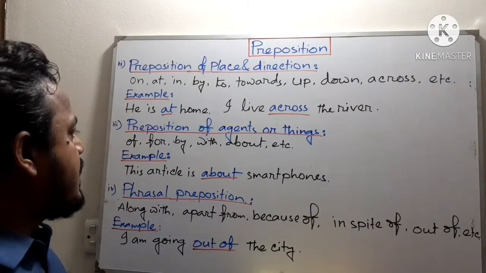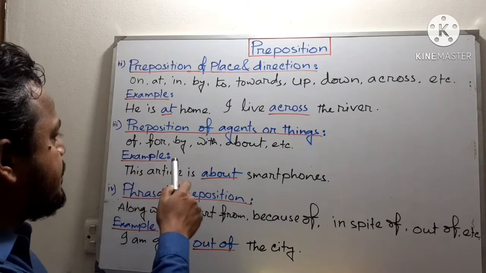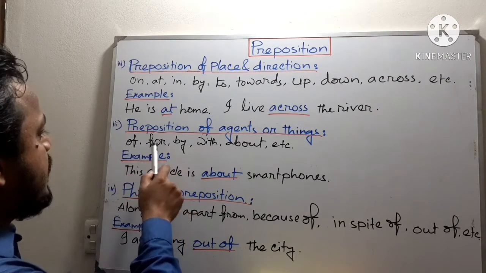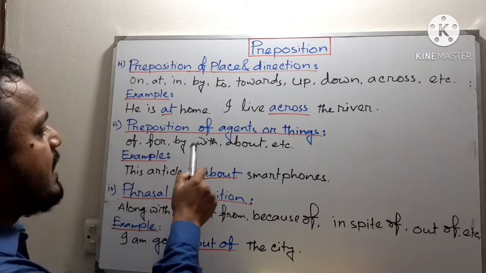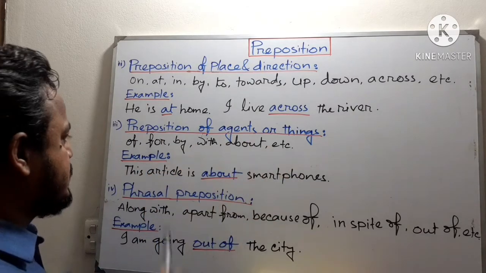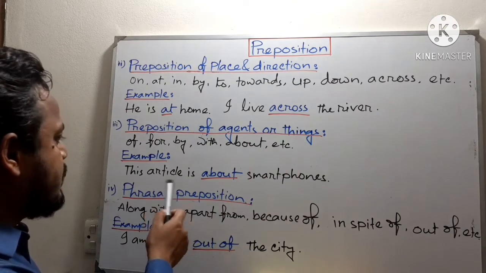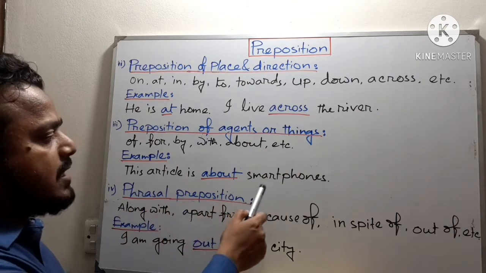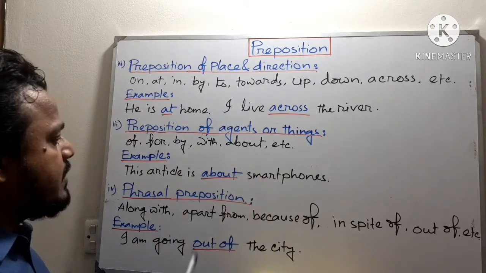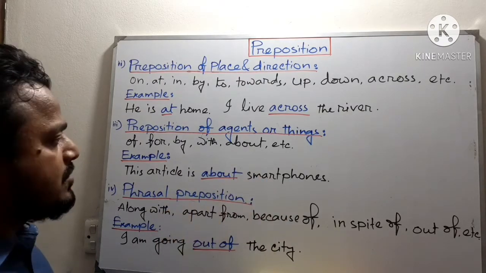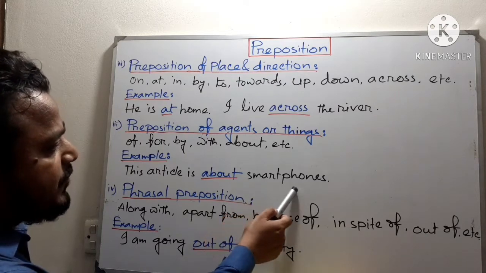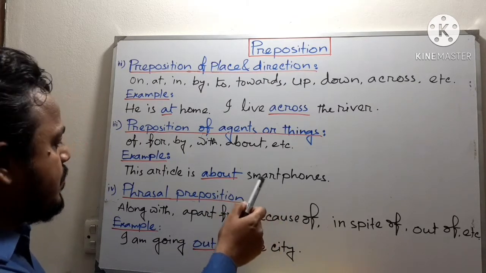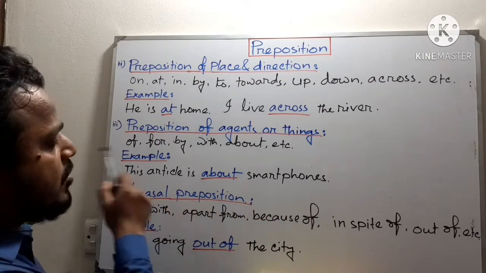Here are some mostly used preposition of agents or things: of, for, by, with, about, etc. For example, we can see in a sentence, this article is about smartphones. Here about is a preposition and it's placed before smartphones and makes a relationship with other parts of the sentence.